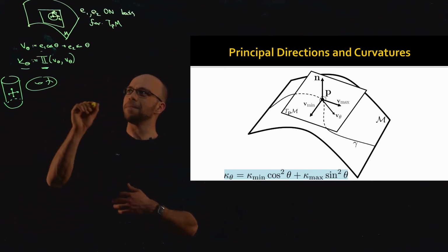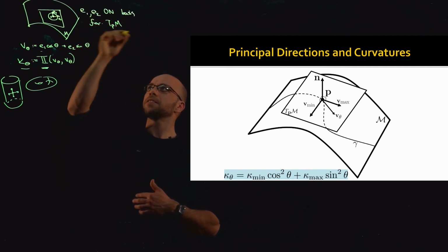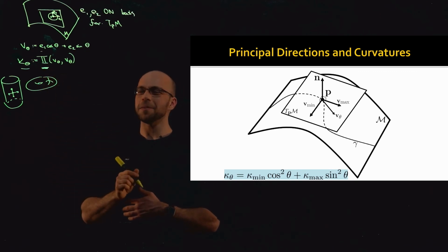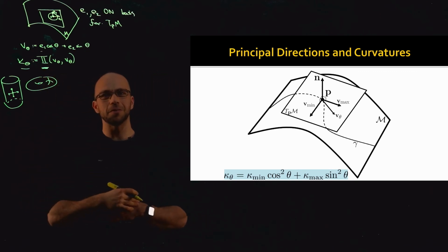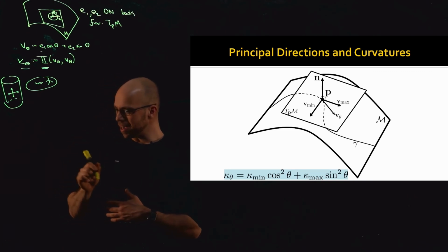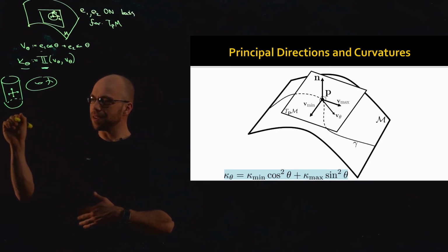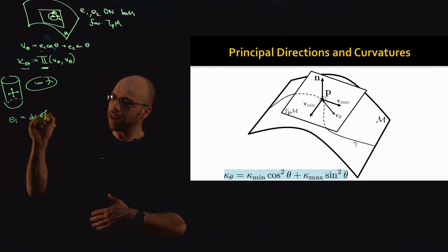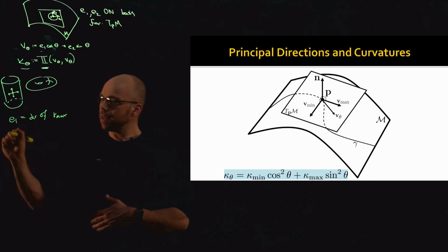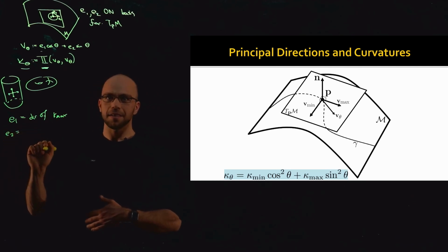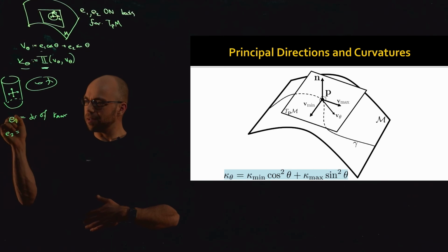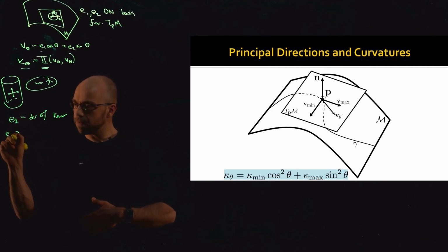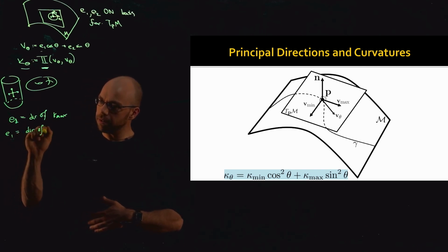So let's say that rather than just choosing any old orthonormal basis, we compute the eigenvectors of the second fundamental form, and we define E1 and E2 to be those corresponding to the maximum or minimum eigenvalues, right? So maybe E1 is the direction of kappa max, and E2 is, oops, I've got them backward. So we'll make that E2, and we'll make E1 the direction of kappa min.